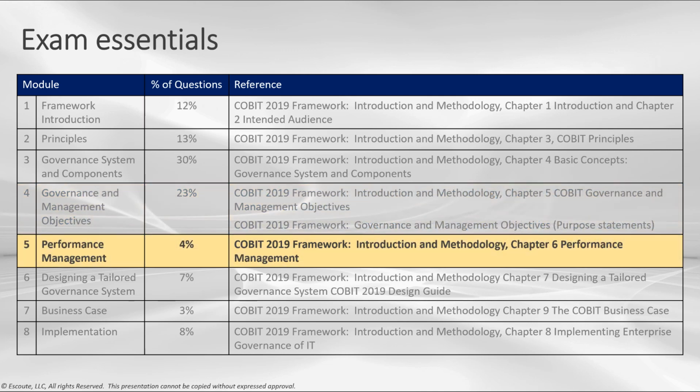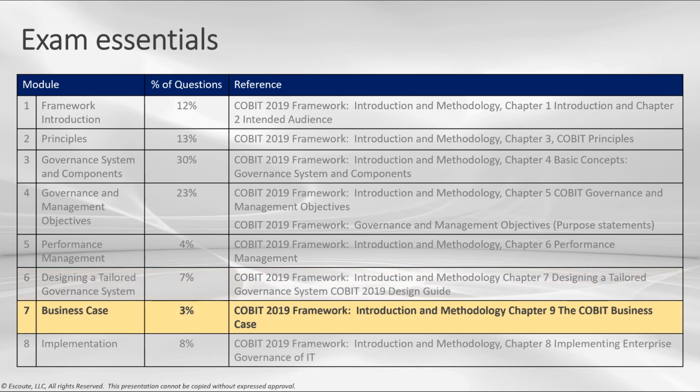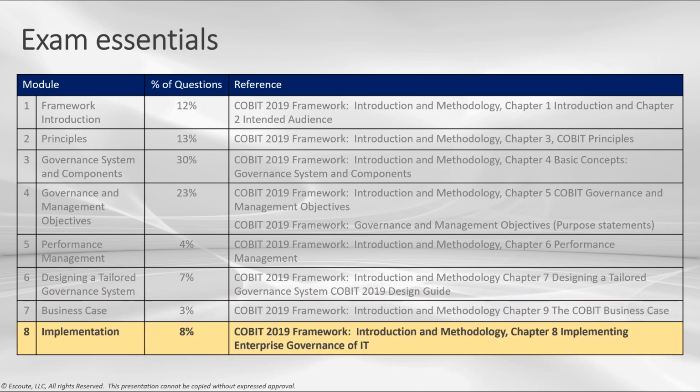Next, we have 4% of the questions come from Performance Management, Chapter 6 of Introduction and Methodology. 7%, Designing a Tailored Governance System, out of the Introduction and Methodology, Chapter 7. We have the Business Case at 3%, and finally, we have implementation at 8%. Of course, the last two from the Introduction and Methodology publication.